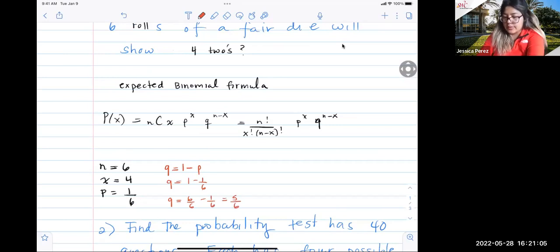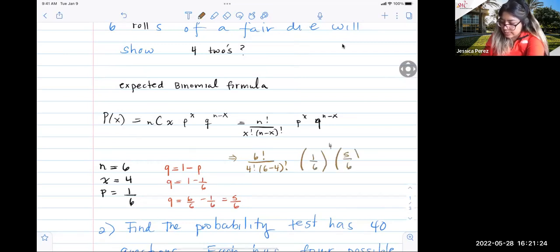So here we're going to just apply our formula, which is n factorial, 6 factorial over x factorial, which is 4 factorial, 6 minus 4 factorial, p to the x, so p is 1/6 raised to the x, which is 4, and then we have 5/6 raised to the 6 minus 4.